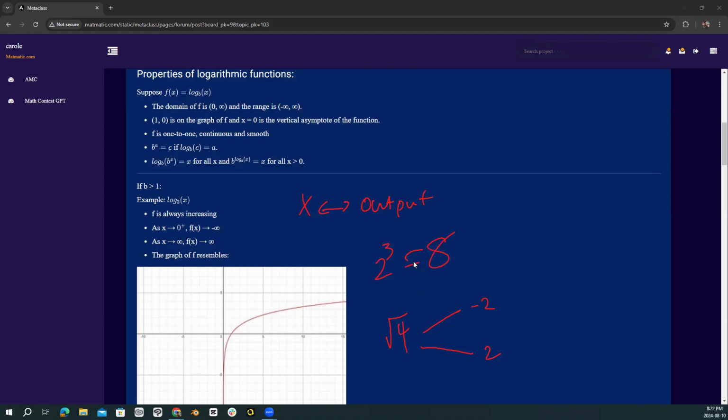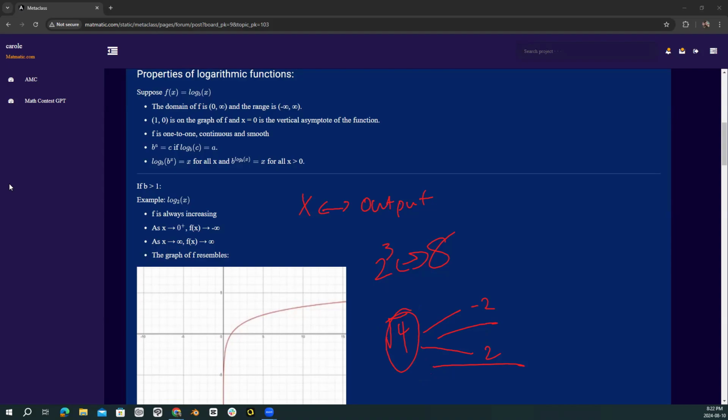This is a 1 to 1 example, where there's only one x value which gives this one output value. And this is not 1 to 1 because, as you can see, there are two output values that you can use to get this.